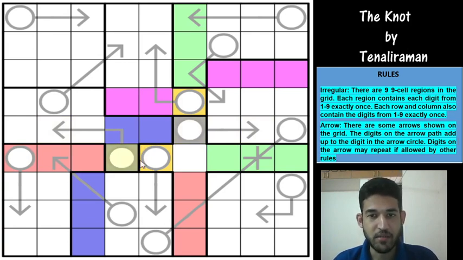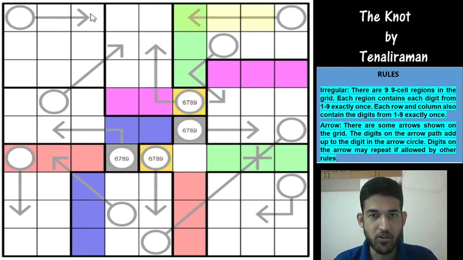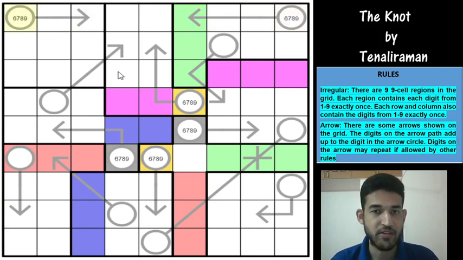And that means that the minimum value in either of these circles must be a 6. 5 is ruled out. Same idea, you have 5 cells in column 5, the minimum sum is 15, which means that this is also 6, 7, 8 and 9. The same idea applies in row 1, the minimum sum is 15, so this becomes 6, 7, 8, 9 and that becomes 6, 7, 8, 9. 5 is ruled out from these circles.